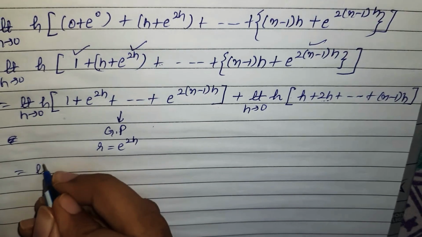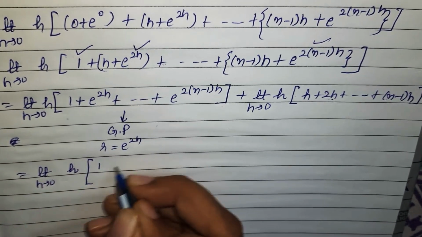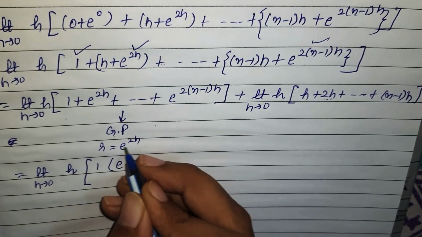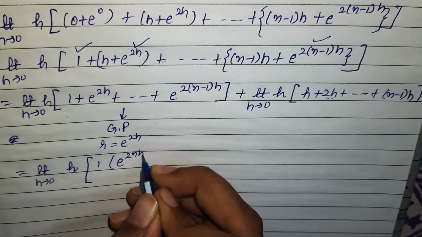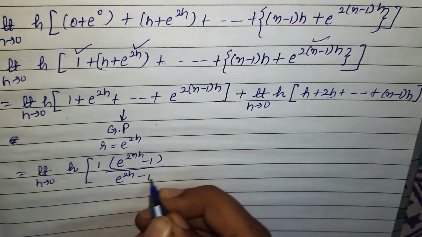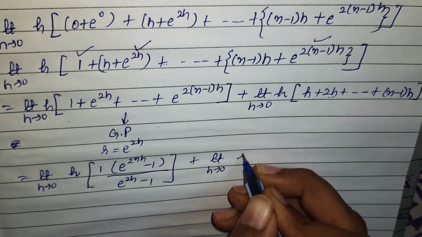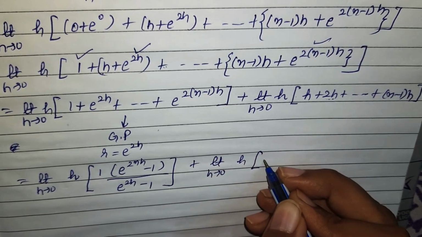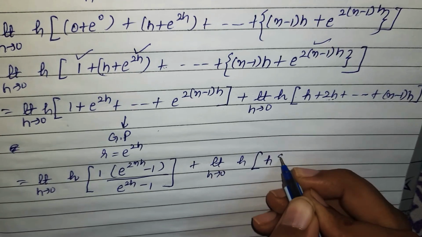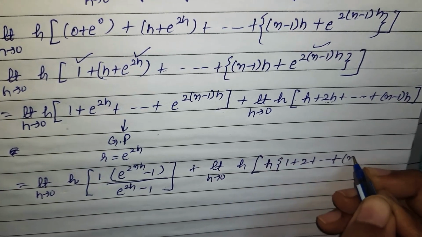So again you need to apply the formula limit h tends to 0, h a r^n, that means (2nh minus 1) e raised to the power 2h minus 1, plus limit h tends to 0, h, if I take h common, I am getting 1 plus 2 plus (n minus 1).